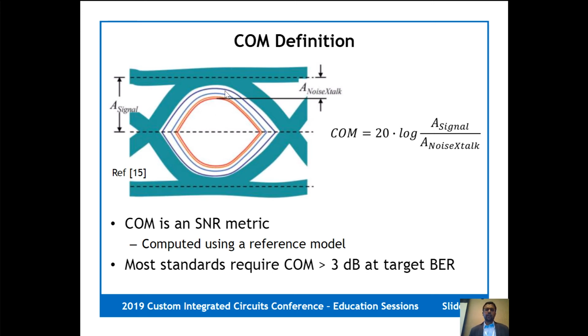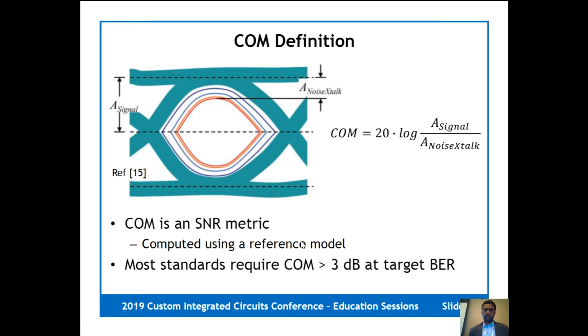So most of the subtleties are in this reference model and what model is used to derive this. That's where people have now converged on what's the useful reference model, what are the parameters for the reference model, and so forth. But once you have that, it's relatively straightforward to compute what your channel operating margin is.